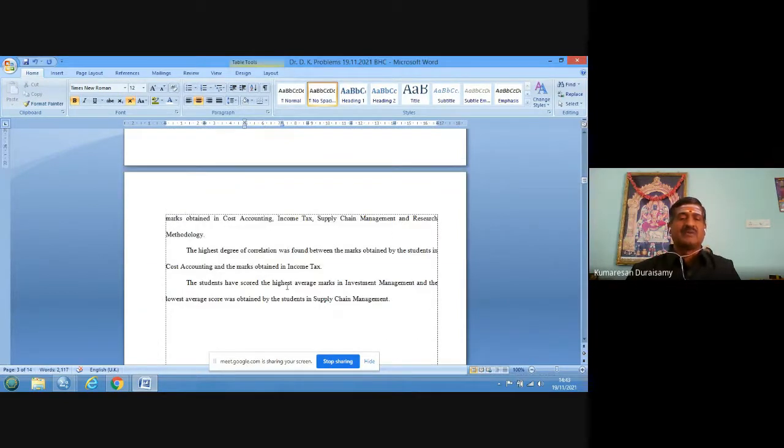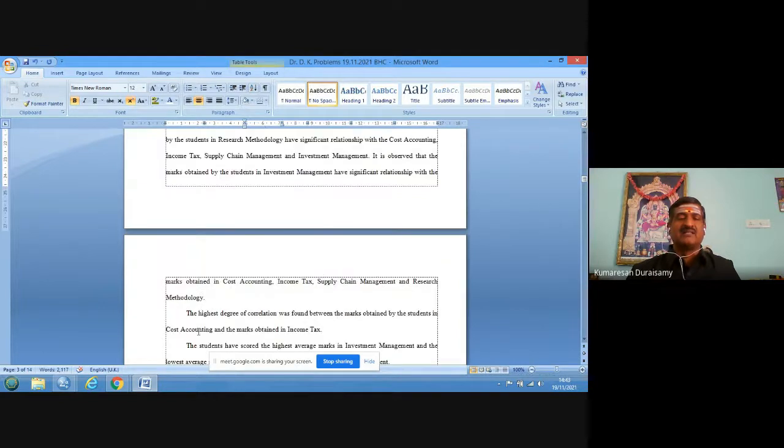The highest degree of correlation was found between the marks obtained by the students in cost accounting and the marks obtained in income tax. So these two are most correlated.